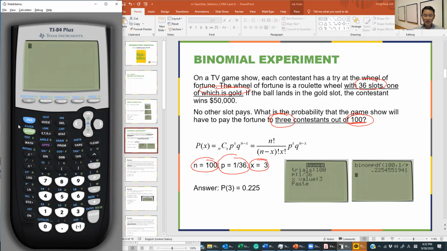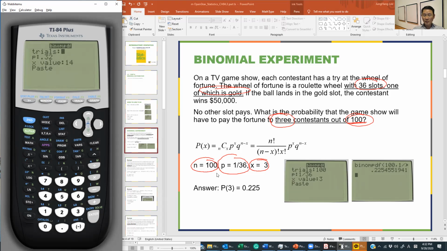So again, what do we do? Second, VARS, distribution, and move all the way down to binomial PDF. Remember that you also have binomial CDF. This is something different, which we will cover later. But for now, we are choosing the binomial PDF function. So I'm going to press enter here.